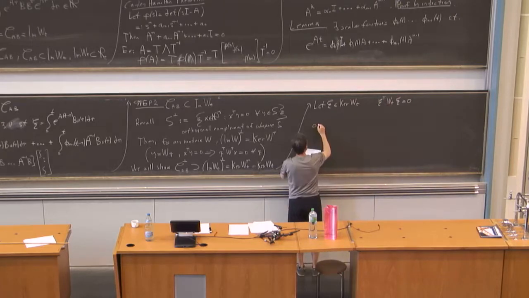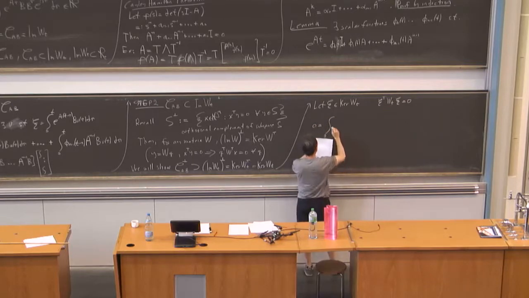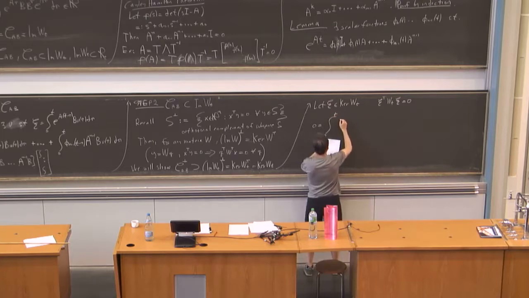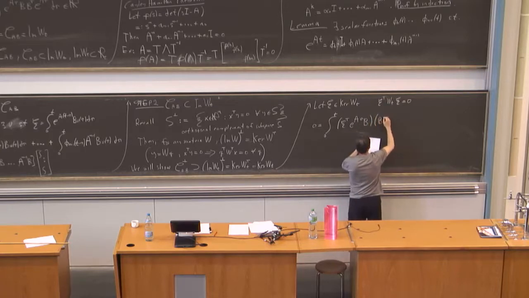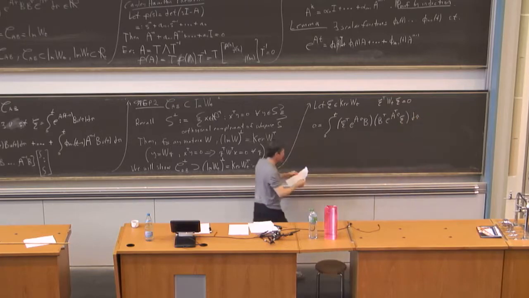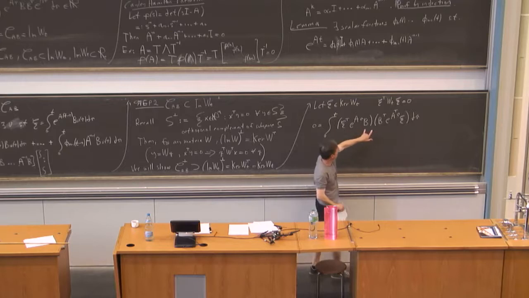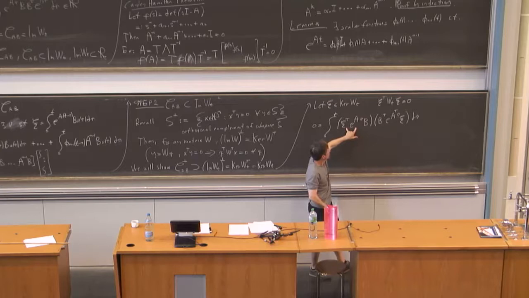So therefore we can write that 0 is equal to the integral, substituting the definition of W sub T, the integral from 0 to T of Xc transpose e to the A tau B, B transpose e to the A transpose tau Xc d tau. Okay? And this is nothing but a signal times the transpose of its signal.